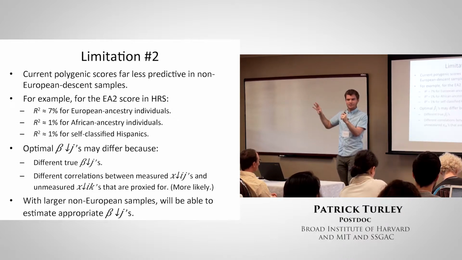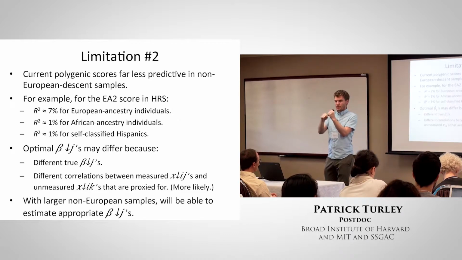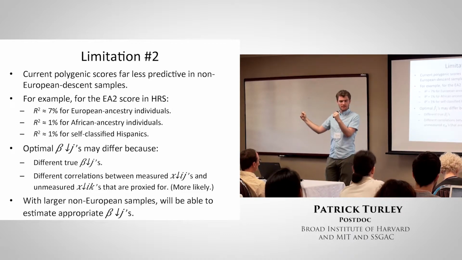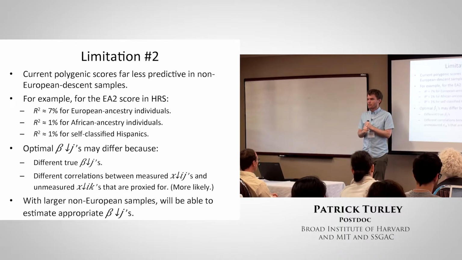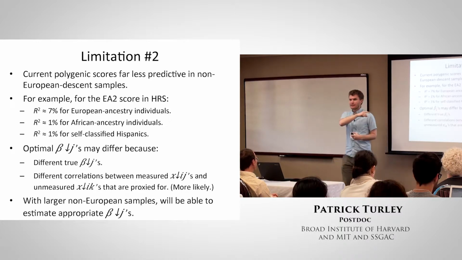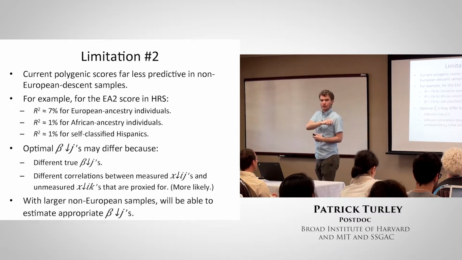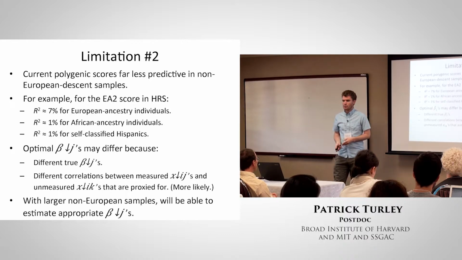And that tagging is a function of the correlation between the sets of SNPs. And in different ancestry groups, that correlation is going to be different. So the betas that we use that are estimated in an African or in a European sample may not be the right betas because it's not capturing tagging in the right way. And so we do even worse.